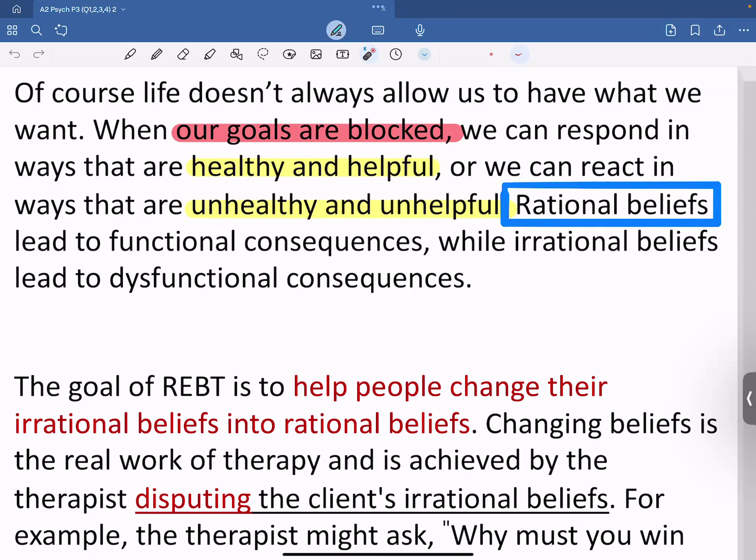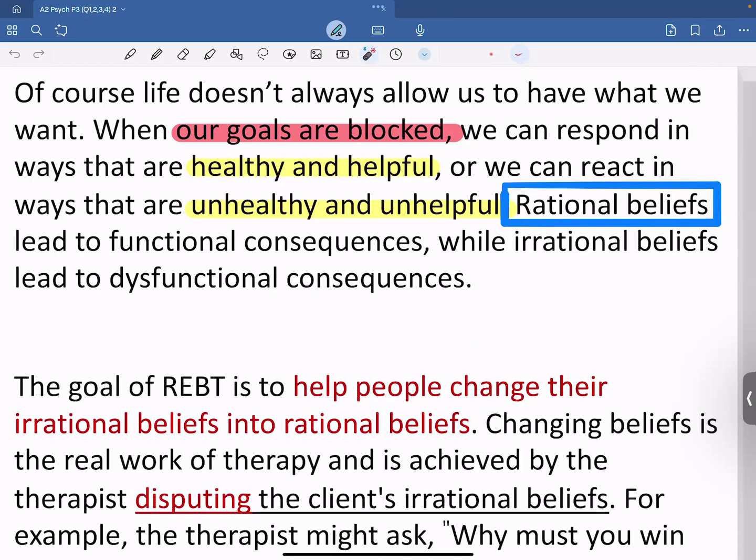However, if these goals are blocked, or if it doesn't really turn out the way we expect it to turn out, it is at our discretion now. We either react in a healthy and helpful manner, or we react in a very unhealthy and unhelpful manner.